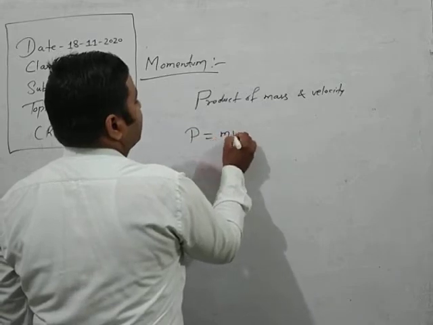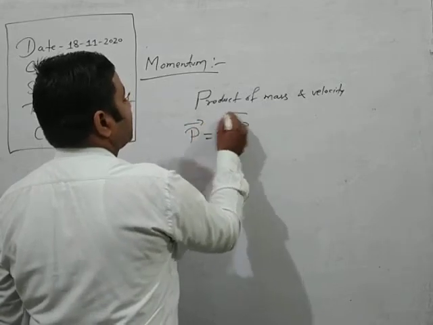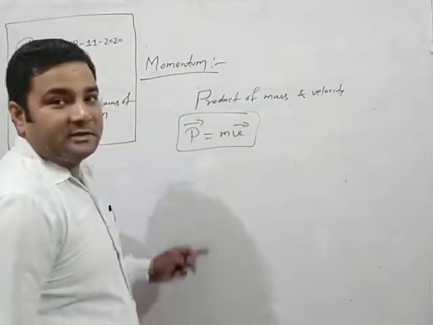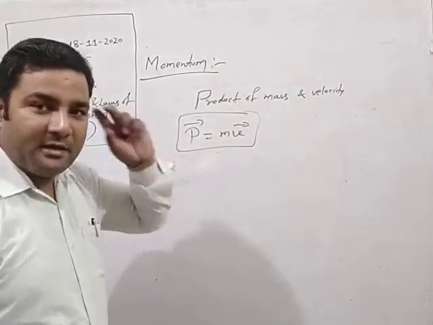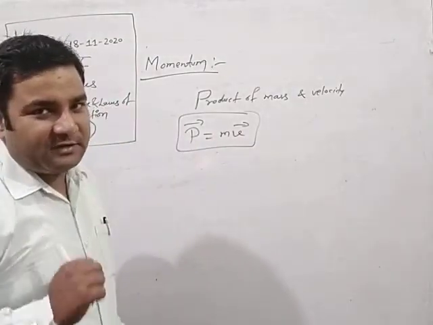So P is equal to mv. It is a vector quantity. That's why I am writing the arrowhead on P and V. Mass is a scalar quantity, but velocity is a vector quantity.